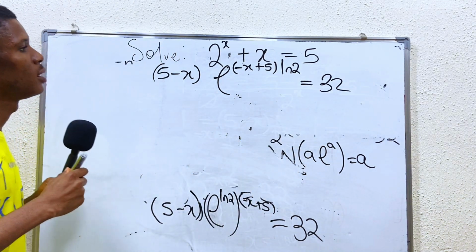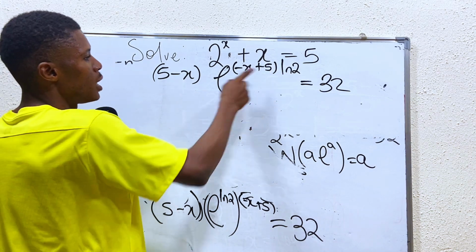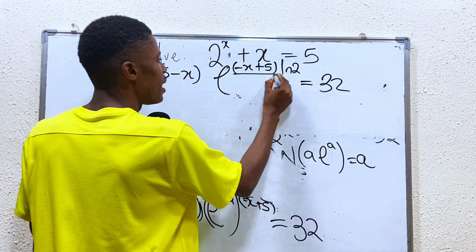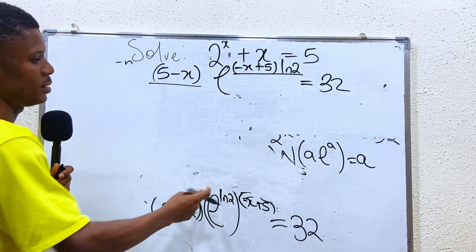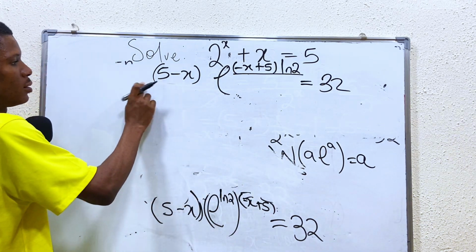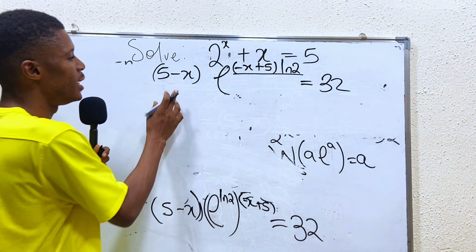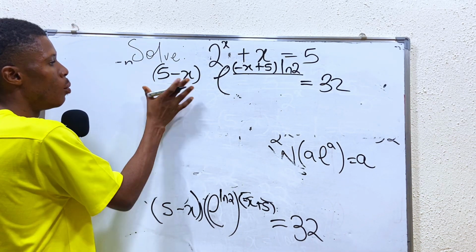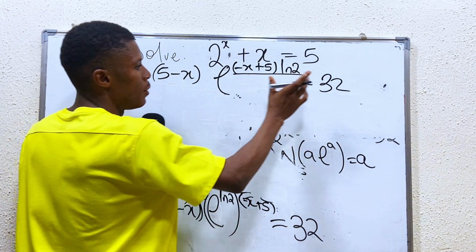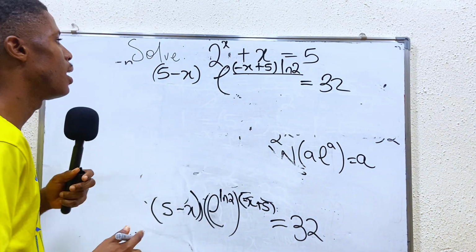Simple. Good. But we have ln 2 here. Remember, we said that every term that must be in the exponent must be multiplying the exponent, as we have in the Lambert function. So we need ln 2 to also be here. So how do we bring ln 2 here? We'll multiply this side by ln 2, and we also have to multiply this side by ln 2.